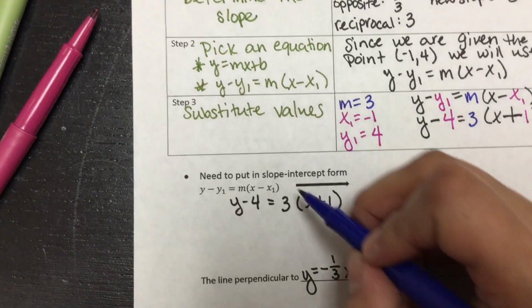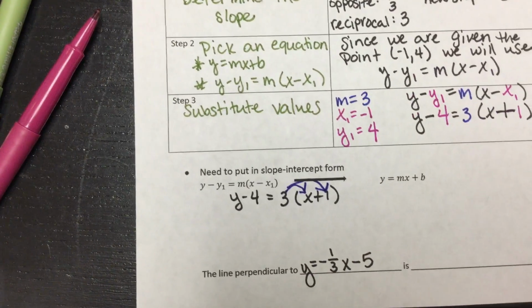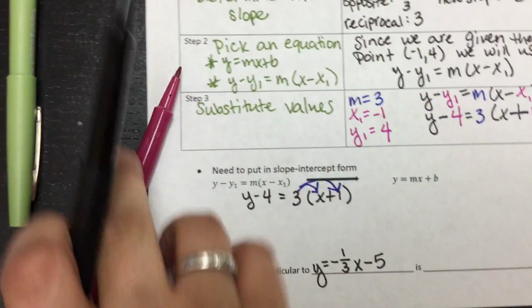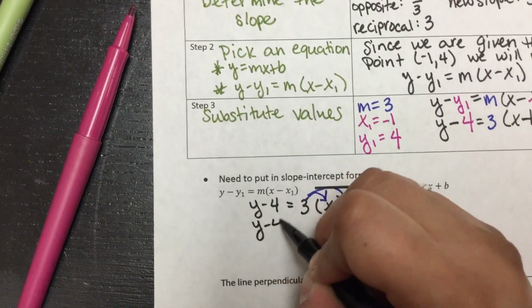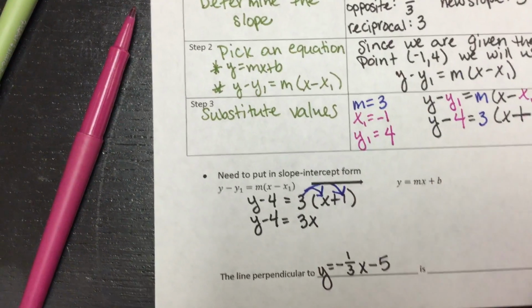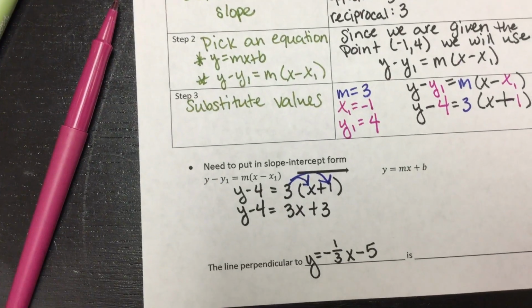We're going to start with distributing. We need to distribute the 3 on the inside to the x, and again to the positive 1. So the left side is going to stay the same. 3 times x is 3x, and 3 times 1 is positive 3.